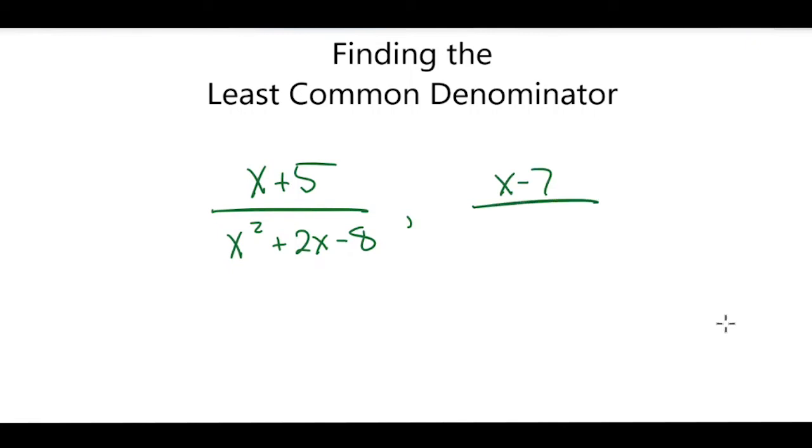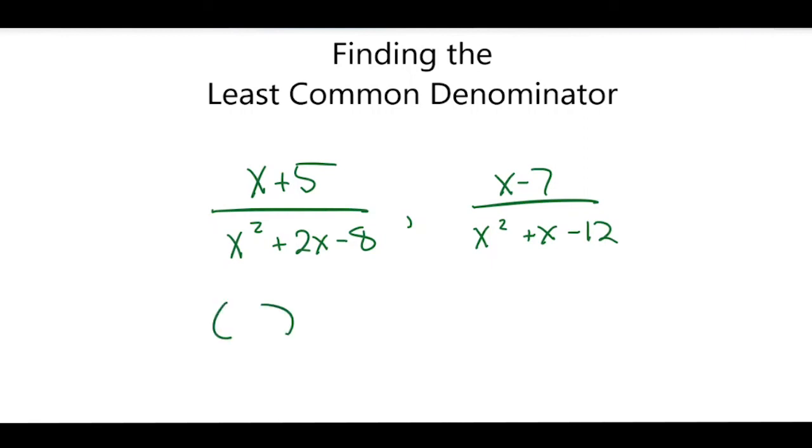So let's say I have x plus 5 over x squared plus 2x minus 8 and x minus 7 over x squared plus x minus 12. Well, if I have a trinomial on the bottom of my fraction, what I can do is I can factor each of those denominators.